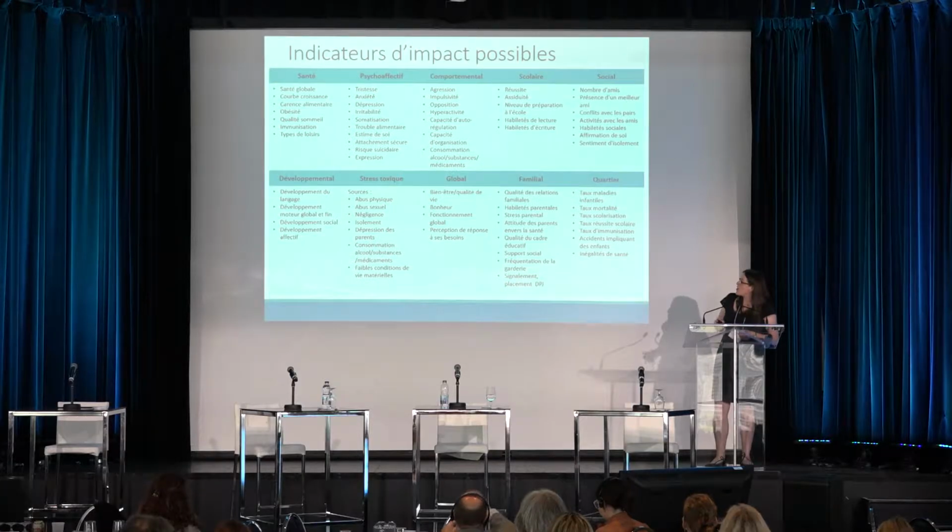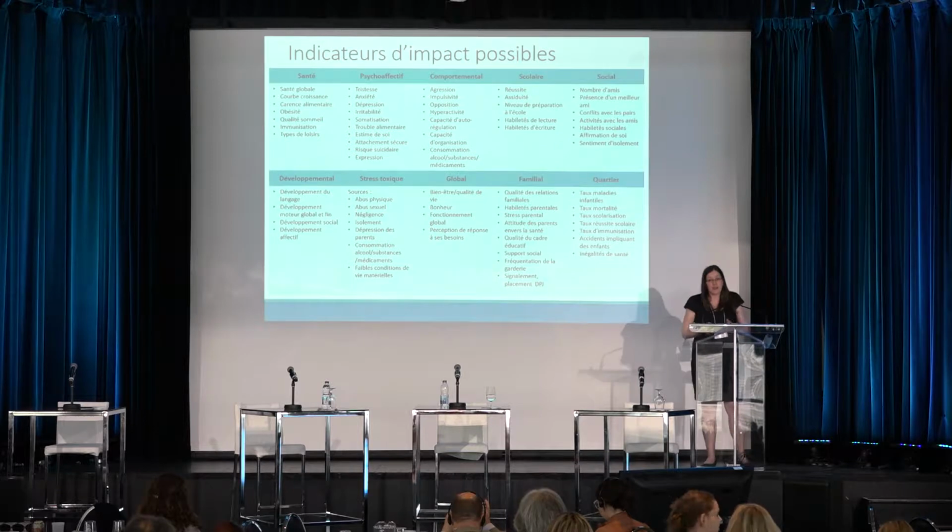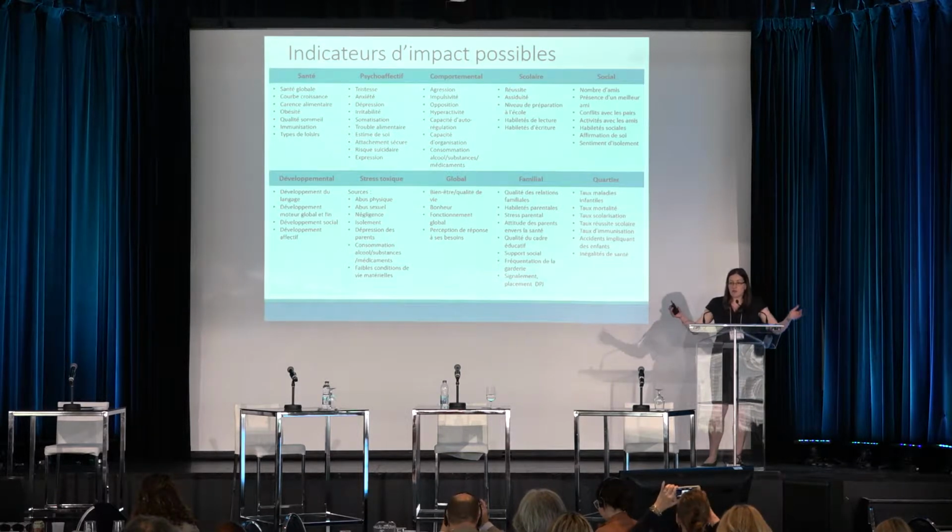One of the objectives of social pediatrics is to reduce the sources of toxic stress and or minimize their impact on children. And then there's more global indicators of well-being, quality of life, happiness, their overall functioning. Then there's the family-related indicators, and then in their own neighborhood with the different measures and the social pediatric interventions.